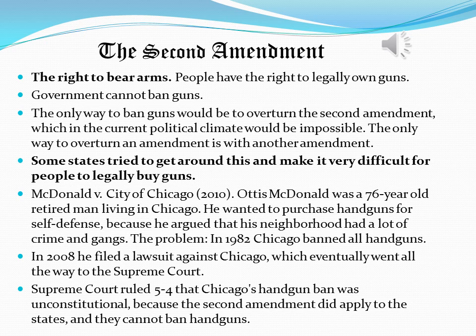And it just tells you that the only way to ban guns would be to overturn the Second Amendment. As long as we have the Second Amendment, people are going to have the right to legally own guns. I know some states will make it easier for people to legally own guns than others, but the bottom line is people have that right.